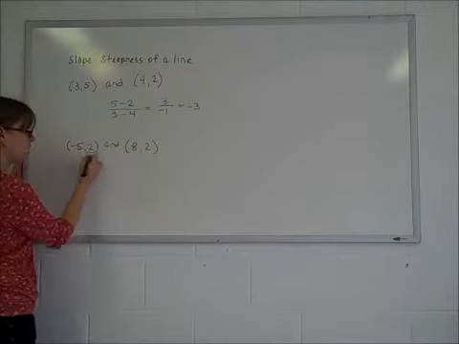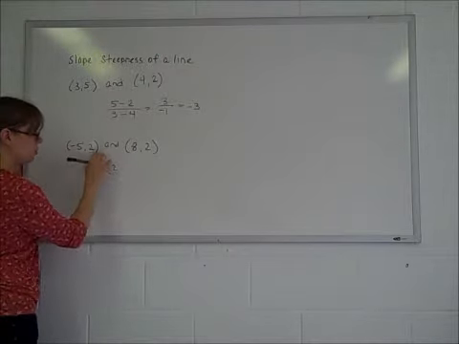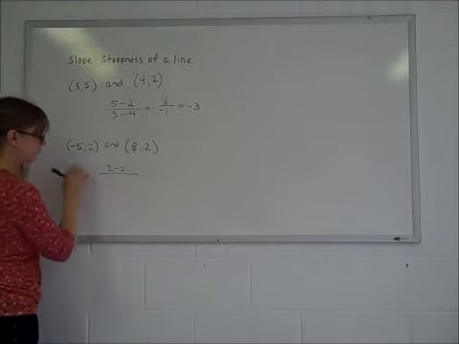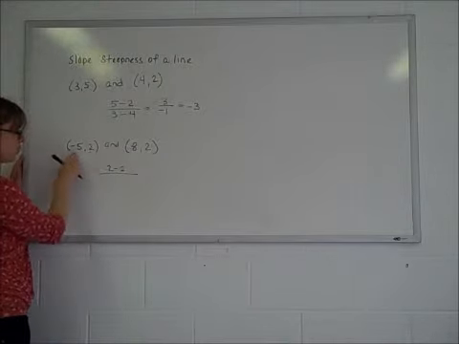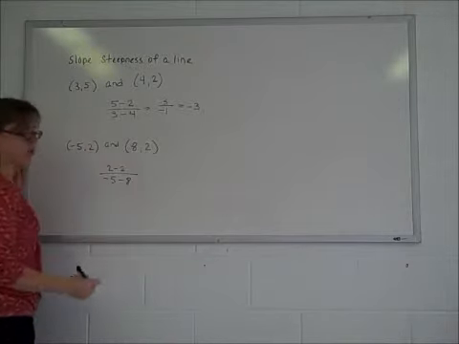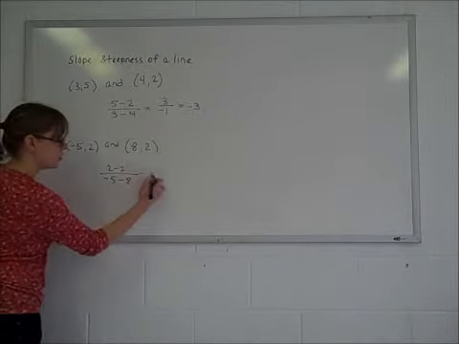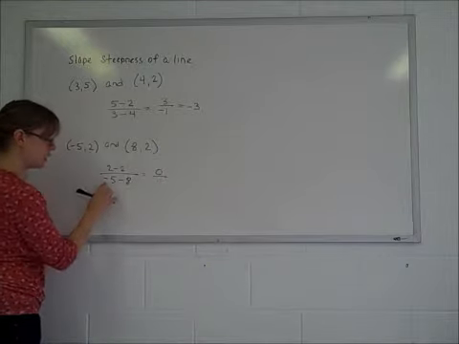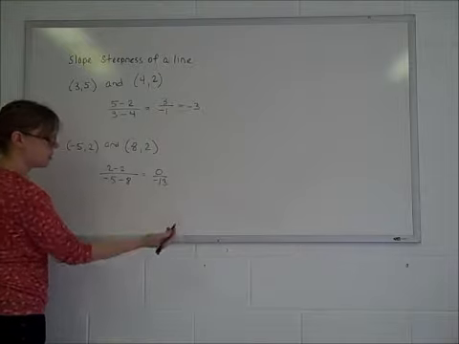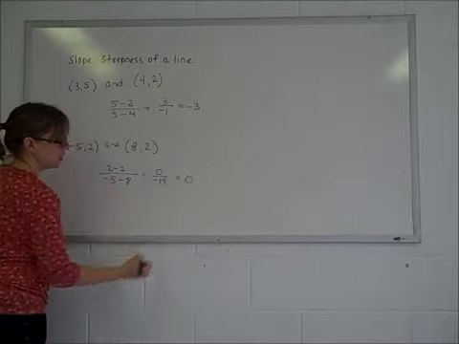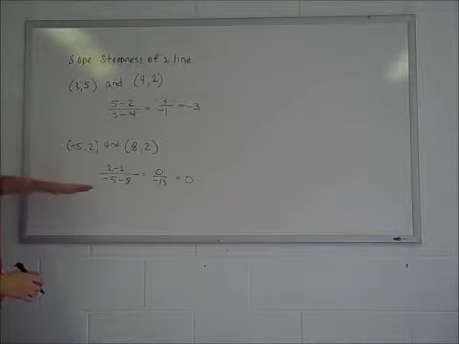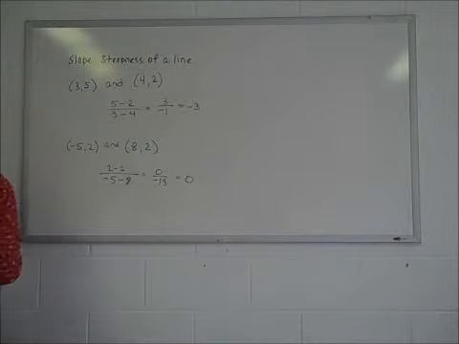So I'm going to start over here. 2 minus 2 is on top. Because I chose this 2, I'm starting with negative 5 minus 8 on the bottom. 2 minus 2 gives me 0. Negative 5, take away 8 is negative 13. 0 divided by anything is 0. So I know that when I graph this line, it has 0 slope. That means it's going to be a horizontal line.